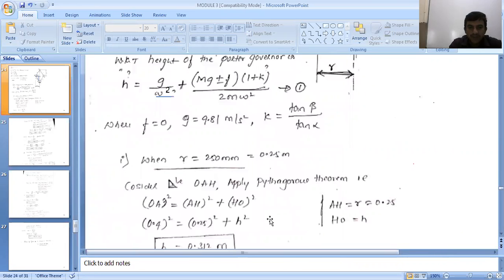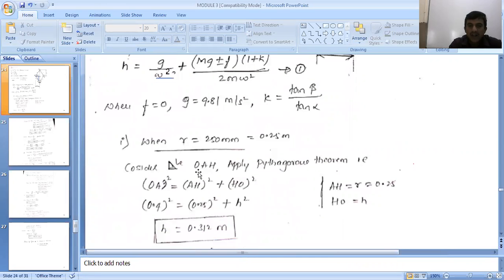From the considered right angle triangle OAH, apply the Pythagoras theorem, then we'll get the H value. Check the H value, you got 0.312 meter. So you write the formula, then go for substitution, then calculation, then check the answer, whether it is right or wrong.